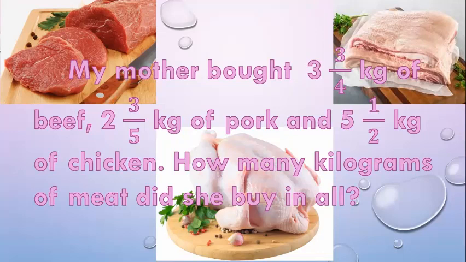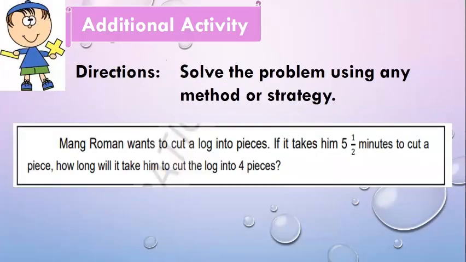As sweet, as delicious as what's there in our screen. Can have the beef, the pork, and the chicken. So you are very, very much willing to answer because the prizes await you. So for our additional activity, you are going to solve this problem using any method or strategy.